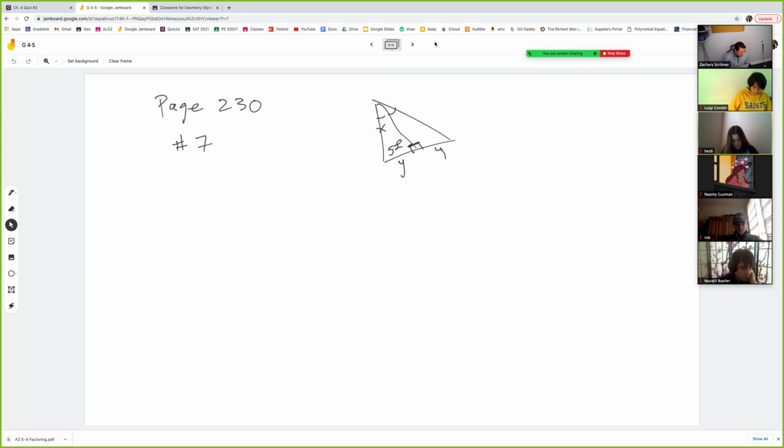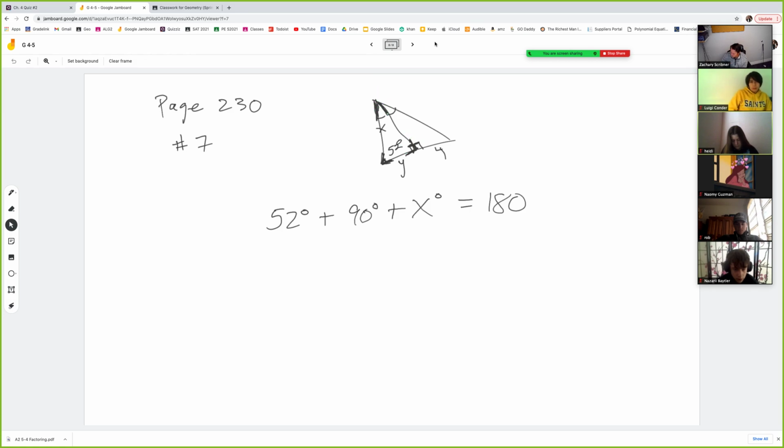So we can say 52 plus 90 degrees plus x degrees equals 180. So we're taking this angle and x to equal 180.